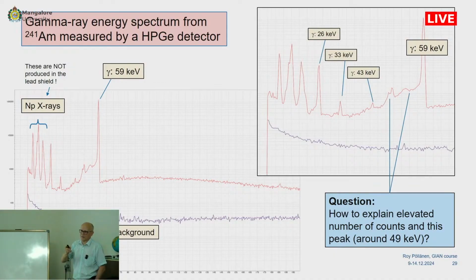From what shell? They are in fact L X-rays, because K X-rays would be somewhere much higher, but americium does not emit very much K shell X-rays. All right.